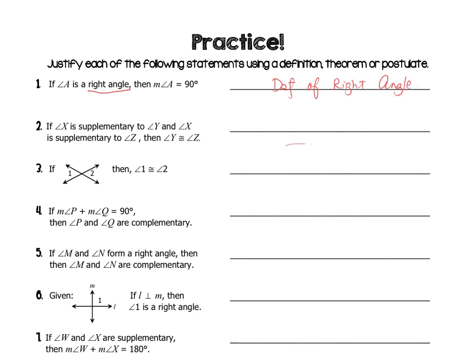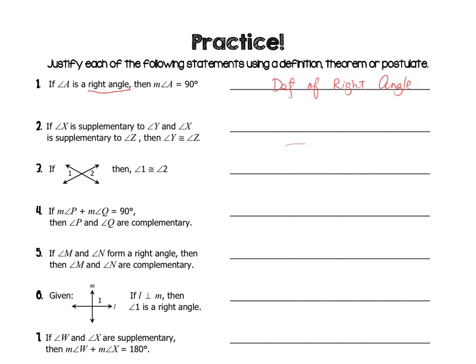Number two, if angle X is supplementary to angle Y, and angle X is supplementary to angle Z, then angle Y and angle Z should be congruent. Actually, I think there's a mistake here. Yep, that's right, angle Y and angle Z should be congruent.